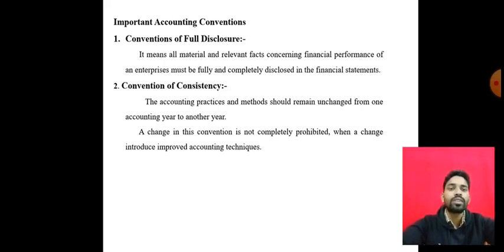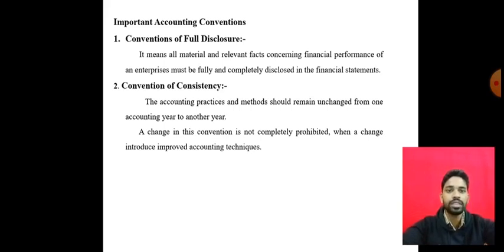Whatever economic and financial data is there should be disclosed to the users. This is nothing but the convention of full disclosure.